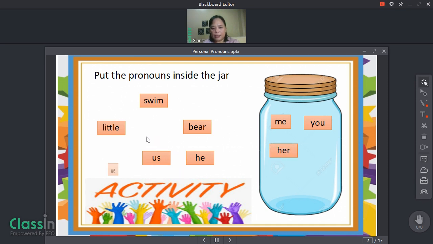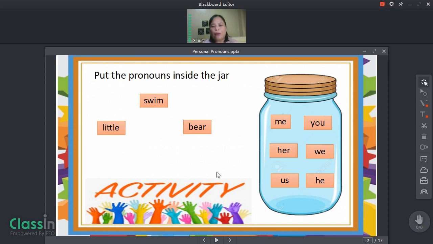Next, choose words that you are going to put inside the jar. Very good. The words that you put inside the jars are me, you, her, we, us, and he. So these are the pronouns.